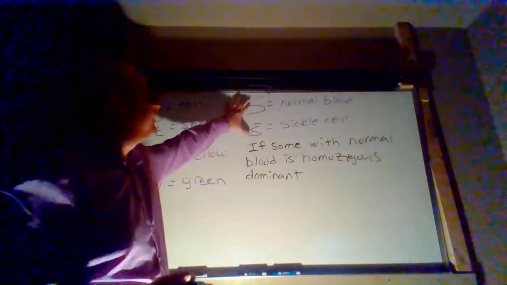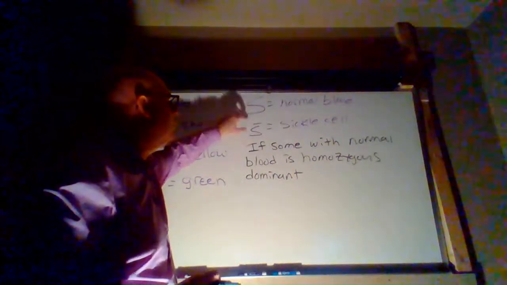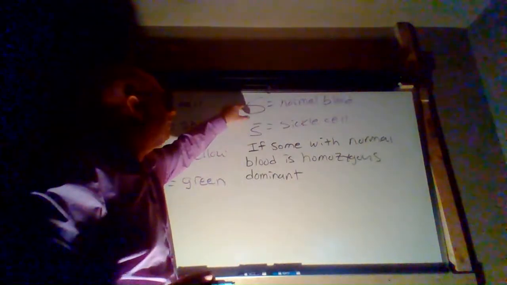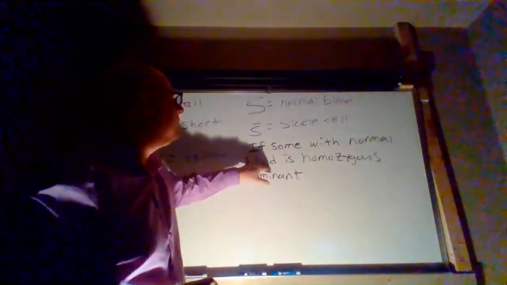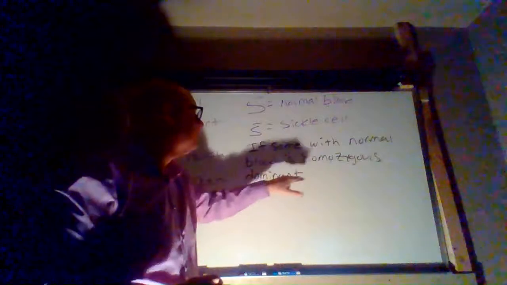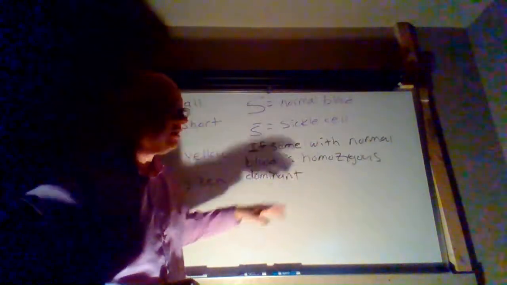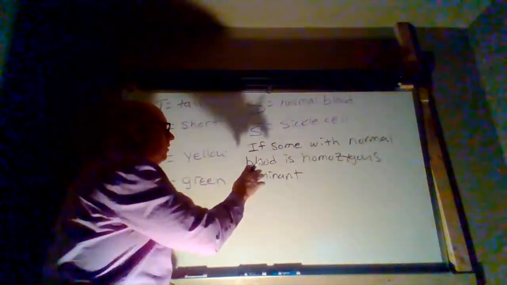So we're referring to this trait right here. Here are our two alleles. Capital S for normal blood. So we know we've got normal blood because we're saying that here. And it's homozygous dominant. That's going to be important here in just a moment as well.